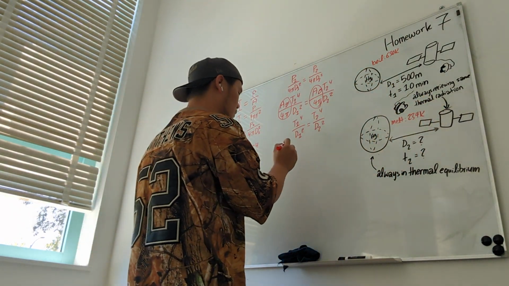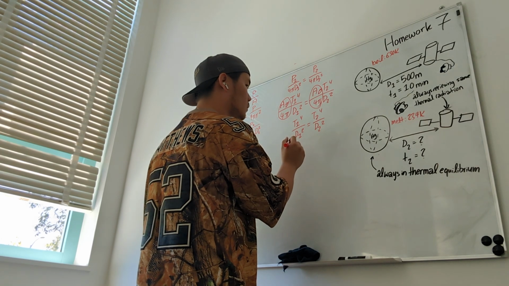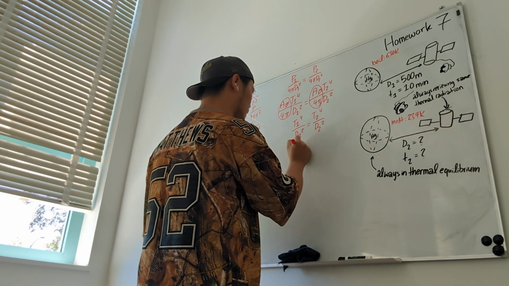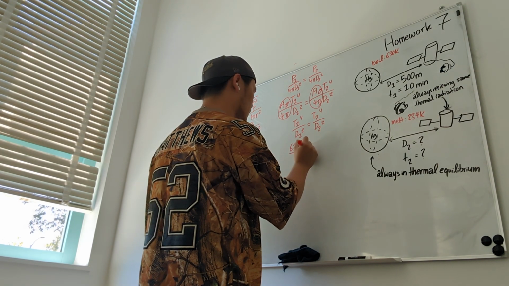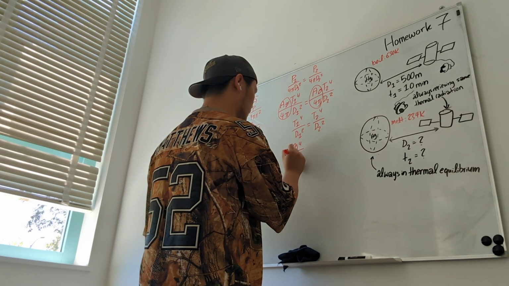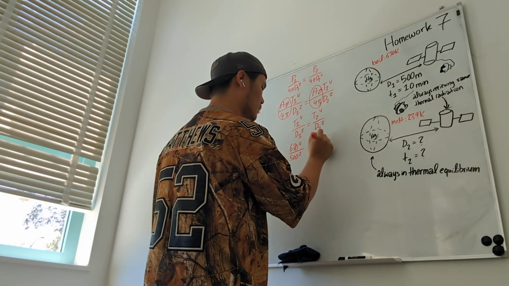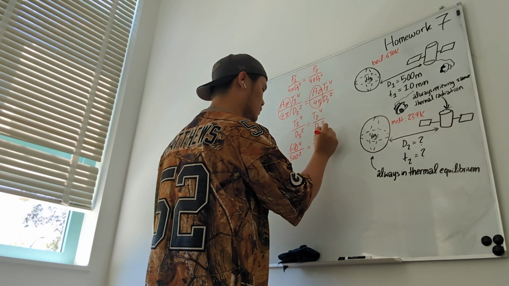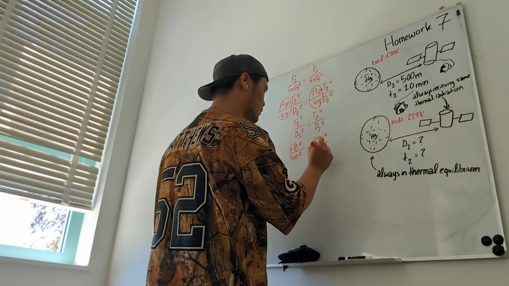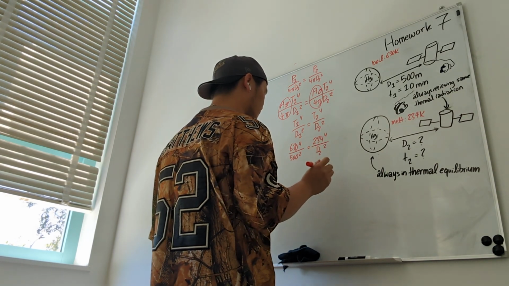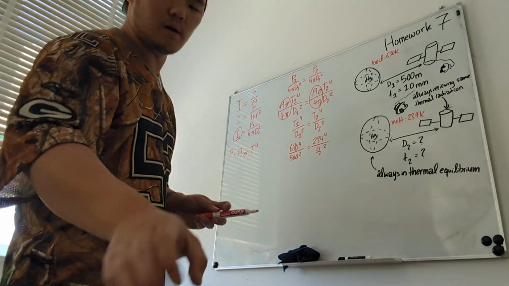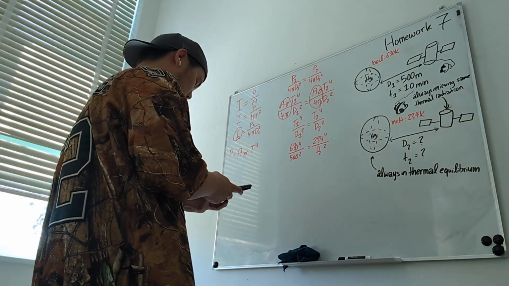So let's plug it in. 630 to the fourth over d1, 500 meters squared, is equal to 234 Kelvin to the fourth over some d2 meters squared.